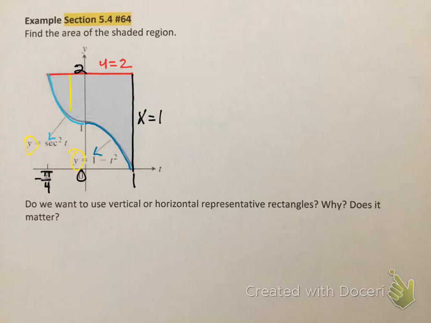In that instance, then, you would want to use a vertical representative rectangle, but the bottom of the representative rectangle changes curves at x is equal to 0. So this would require you to have two integrals.